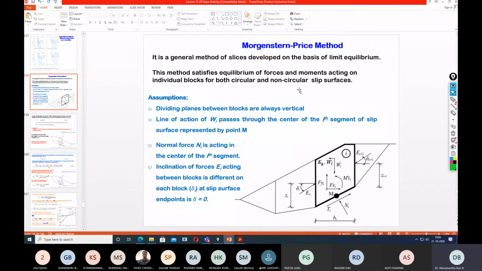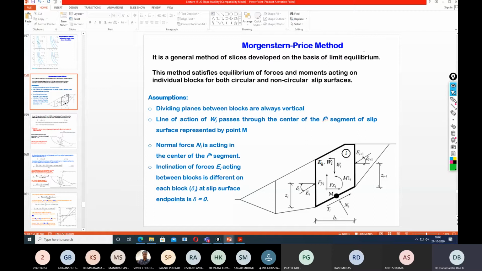Another advantage of this method concerns the surcharge load, where some kind of constraint was put by different people: it has to be only a uniform load, or only a point load, or only a horizontal surface. But what if the load is variable, and what if the load is some function of a mathematical equation? All these things were taken care of by the Morgenstern and Price method.